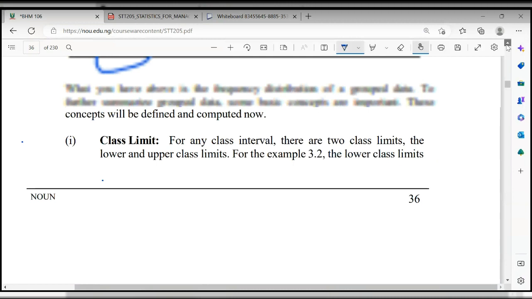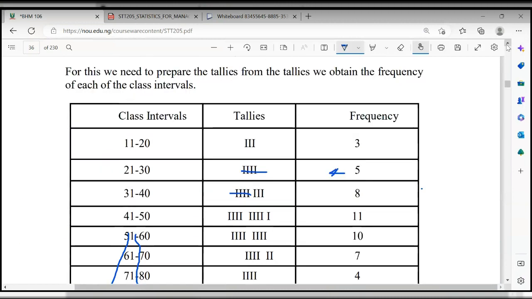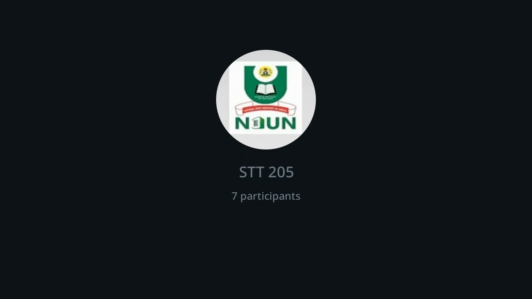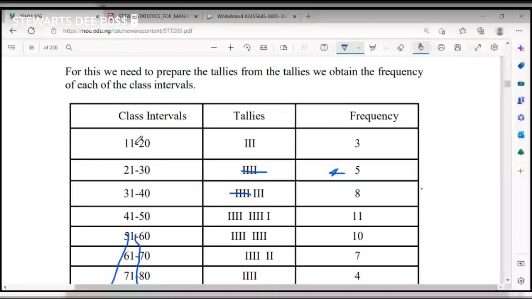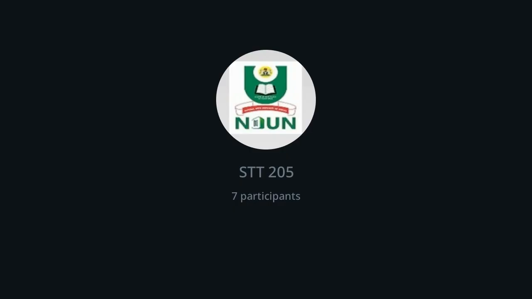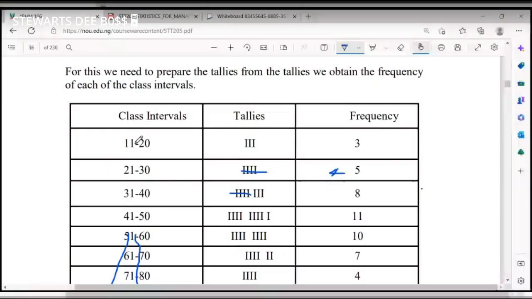For instance, this 11 is the lower class limit here. If we were to have a class interval before 11 to 20, using the same scale, what will it be?